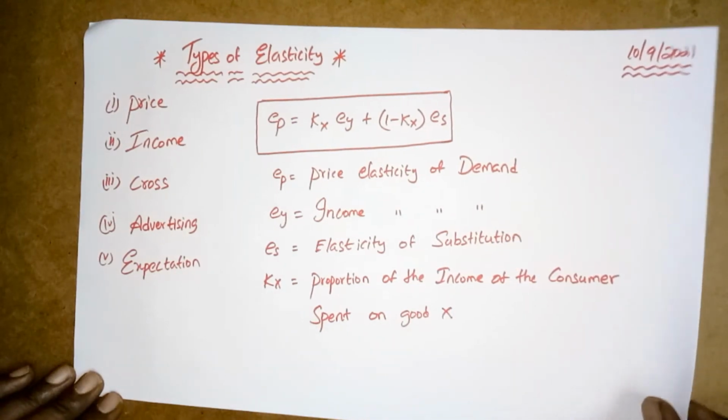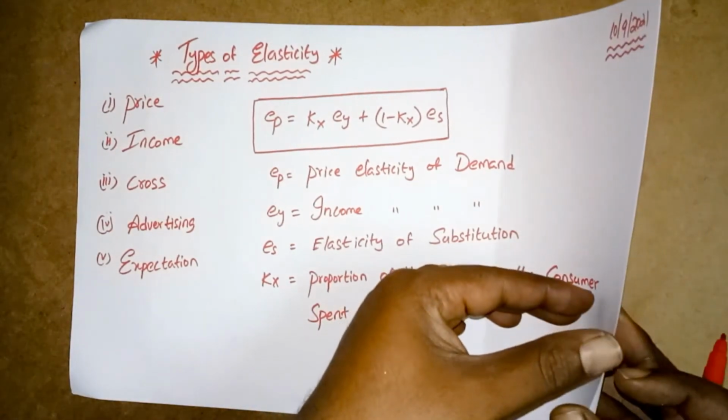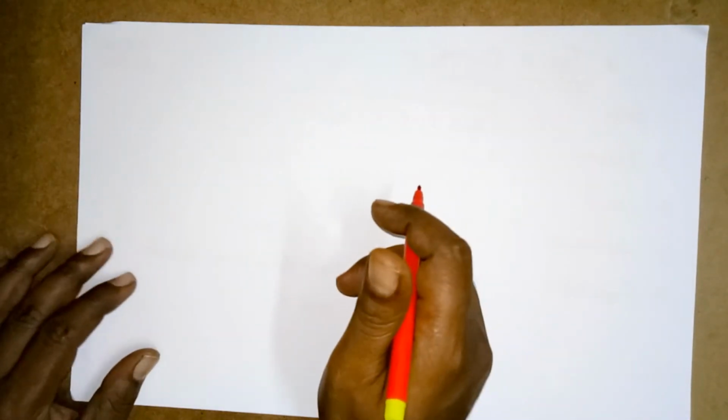Next we will move to the factors affecting elasticity. Today we learned the types; now we will learn the factors affecting elasticity of demand.